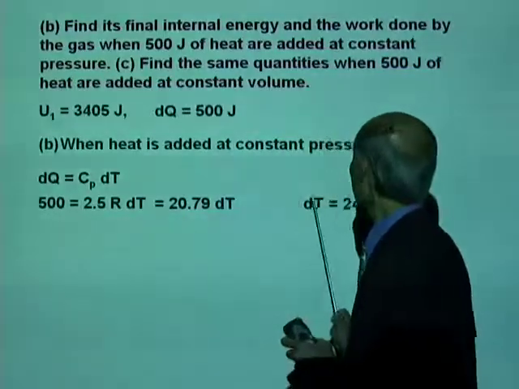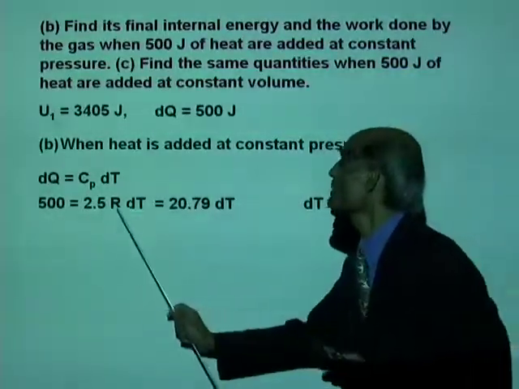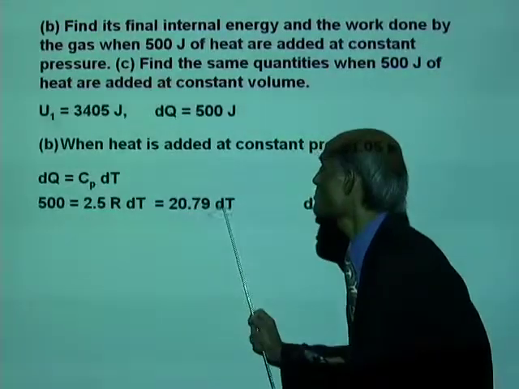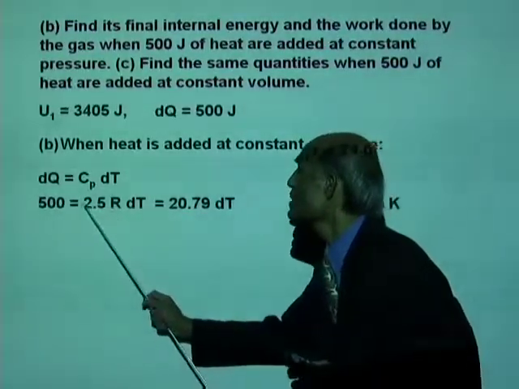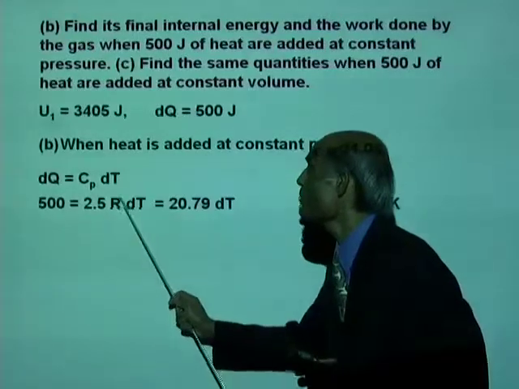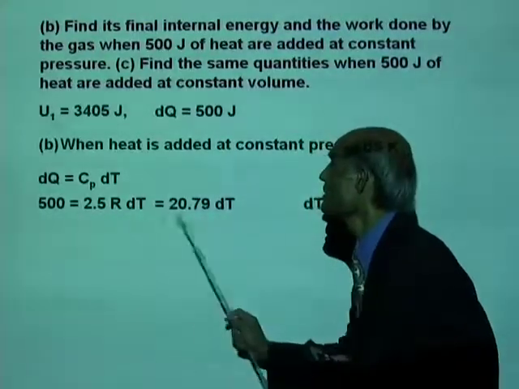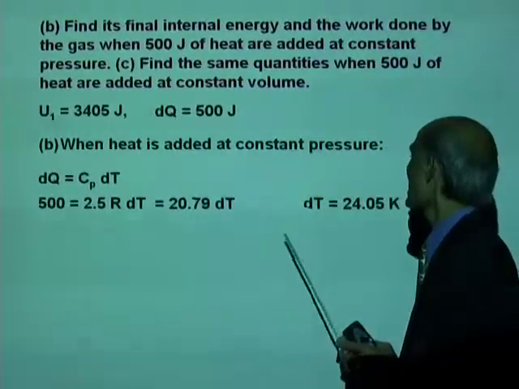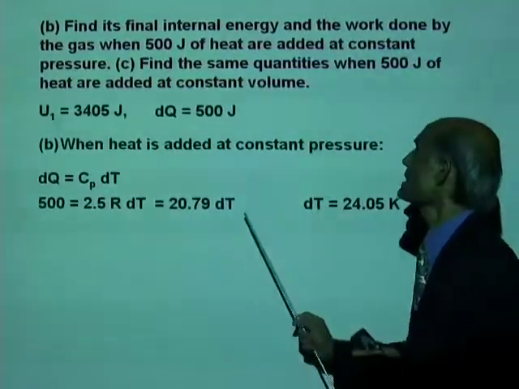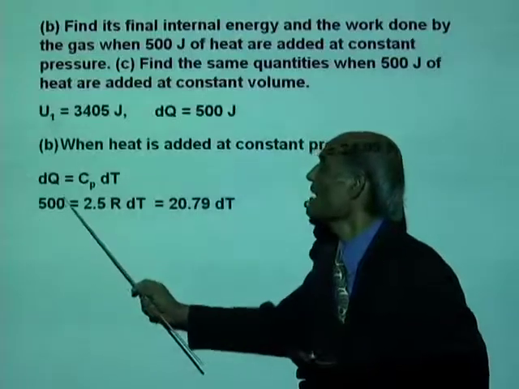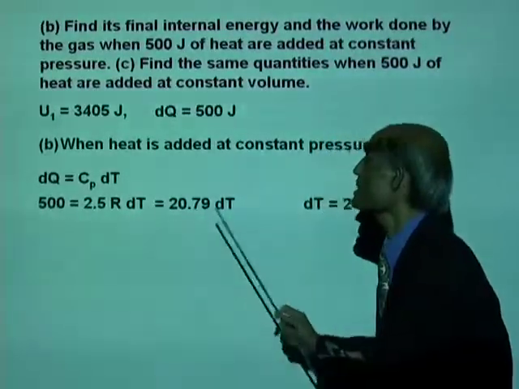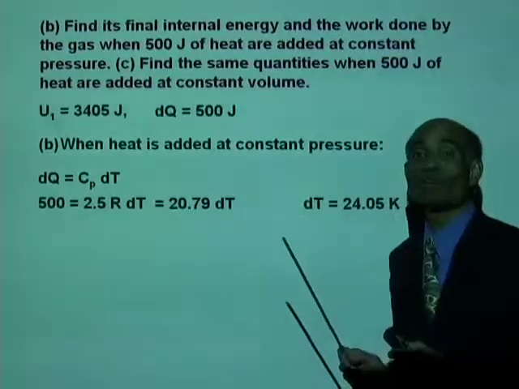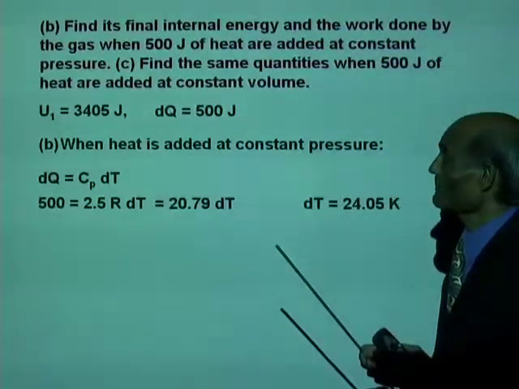How do we find dT? 2.5 R is 20.79, since 2.5 times 8.314 is this. So 500 equals 20.79 dT. Therefore dT equals 500 divided by 20.79, and that is 24.05 Kelvin.